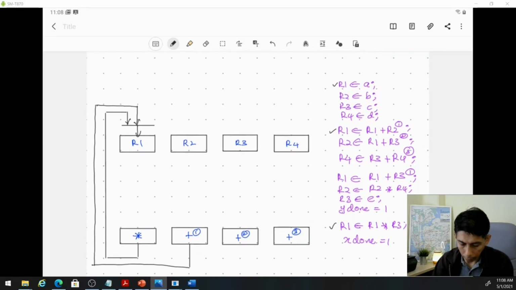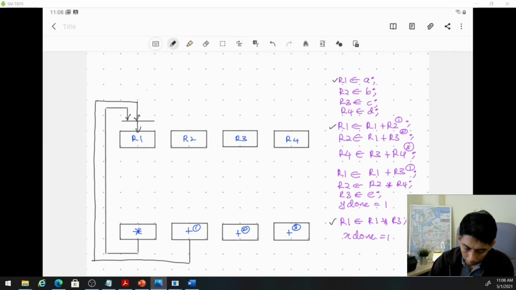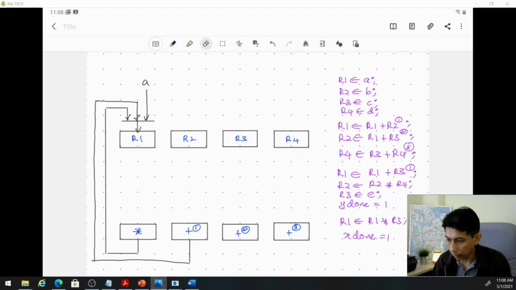Okay, the input from the adder, and then the last one is input from A, right? So that is for R1. What about R2?